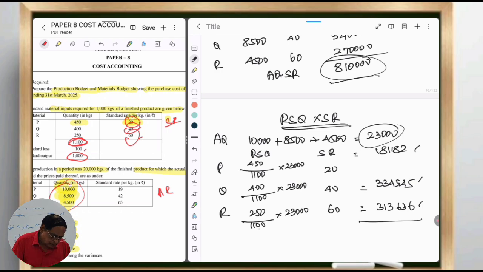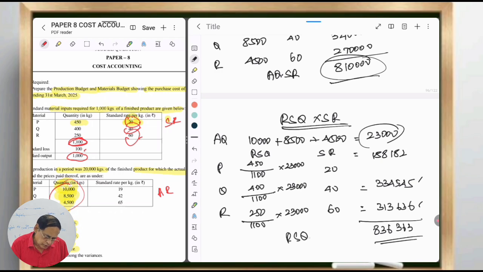Sorry, here it is 1,88,182, there was a mistake. So 1,88,182 plus 3,34,545 plus 3,13,636, that is 8,36,363. This is RSQ into SR.